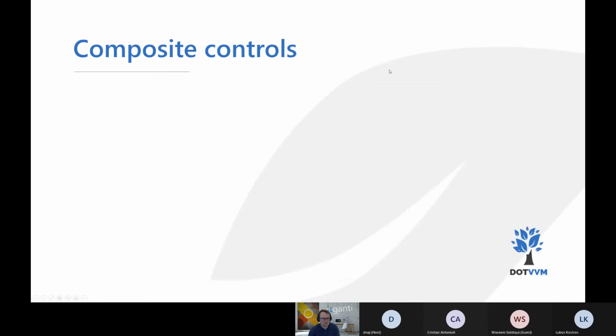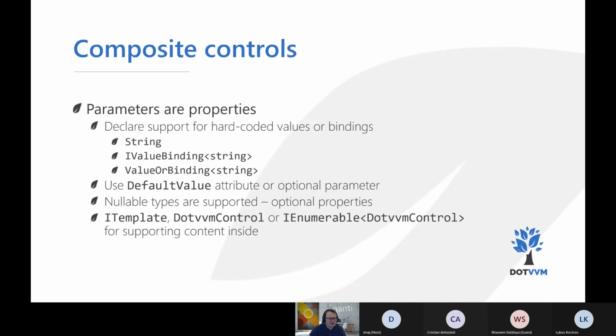So the parameters indicate what properties the control will have. You can use either just the plain type as a string, or you can use IValueBinding of string, which means that the property supports only a binding, not a static value, or ValueOrBinding, which can support both. We support nullable types, even reference nullable types.